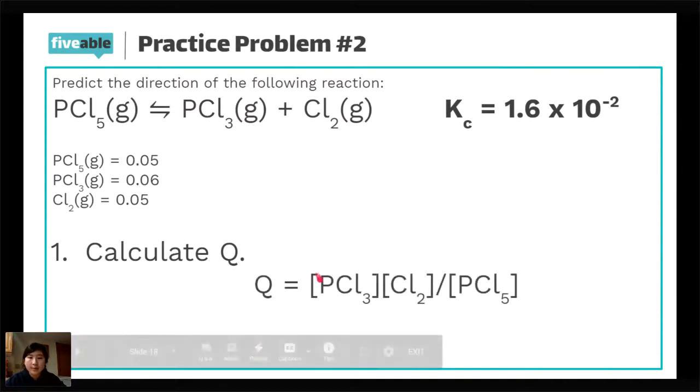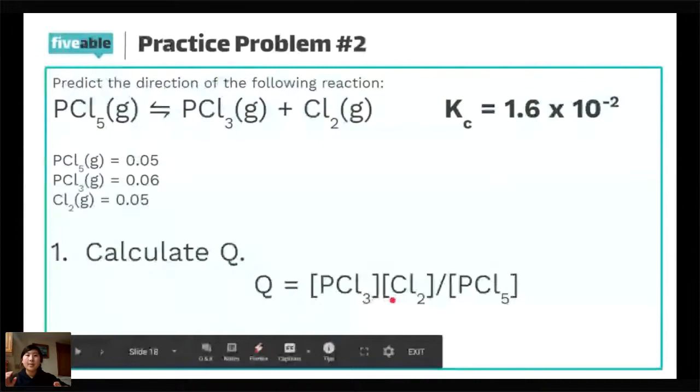So if you remember, if you were to set up the equation for Q, you take the product side and you put it on the numerator, right? So you can see over here, we have everything on the numerator side. The products, PCl3, we put it in here, Cl2, we put it in here.